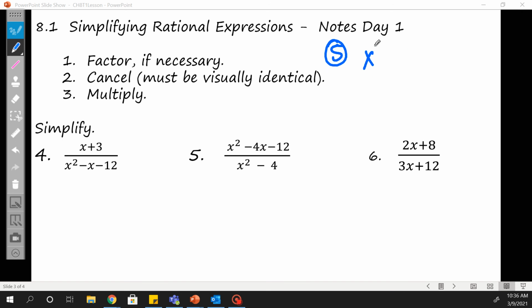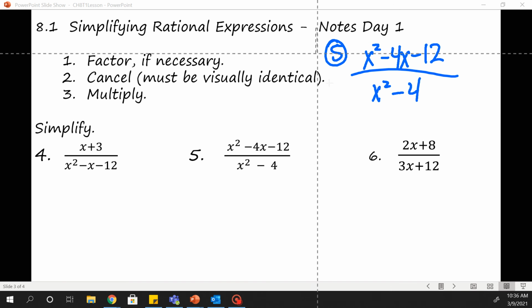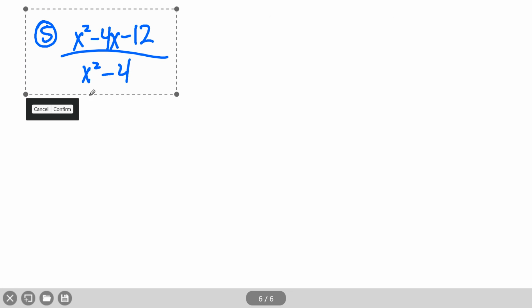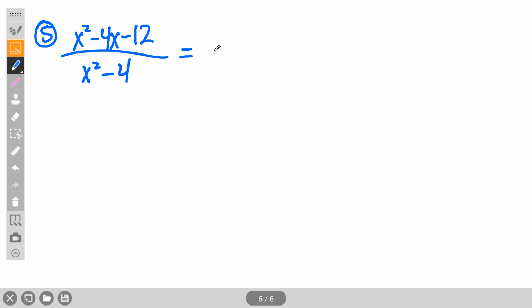Number 5, we have x squared minus 4x minus 12 over x squared minus 4. Now the top, x squared minus 4x minus 12. So negative 12 in the top, negative 4 in the bottom.